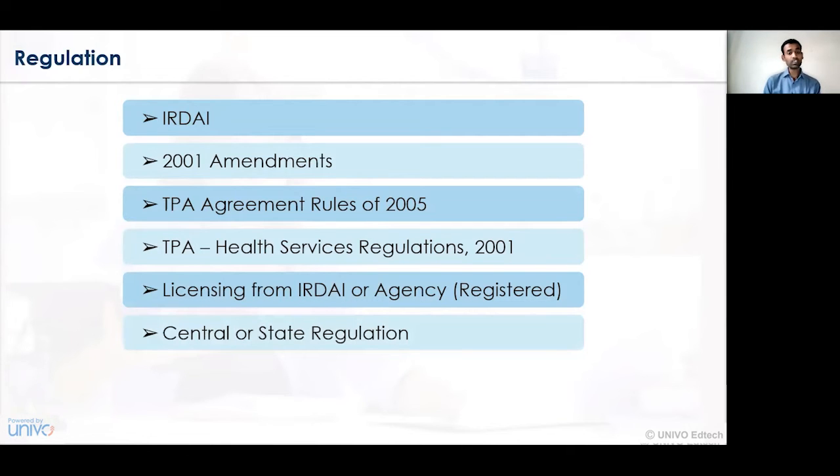At the same time, they have to follow and fulfill the norms, rules and guidelines given by the state and central authorities. As well, the norms provided by the Indian Companies Act 1956 or the Companies Act of 2013 also apply to third party administrators.